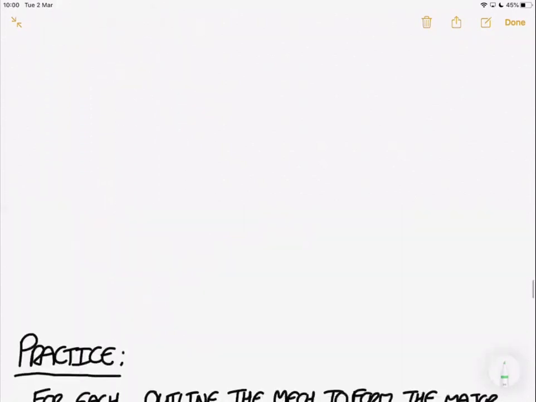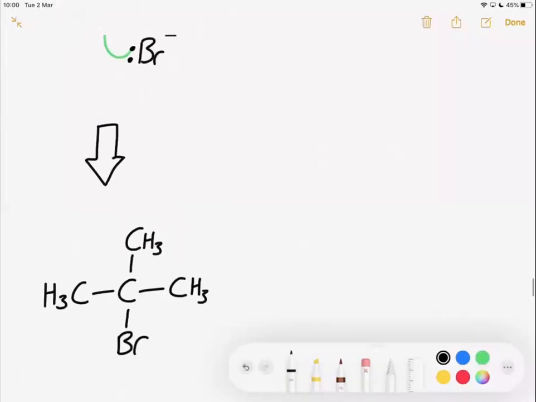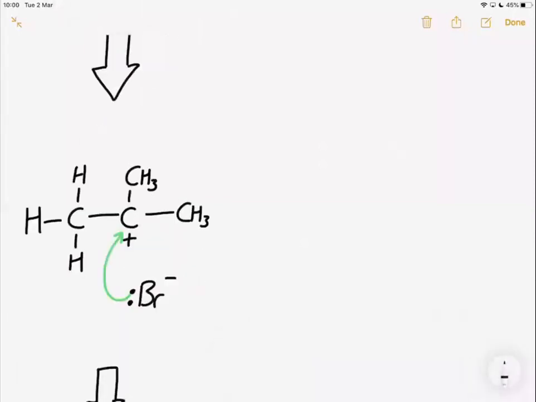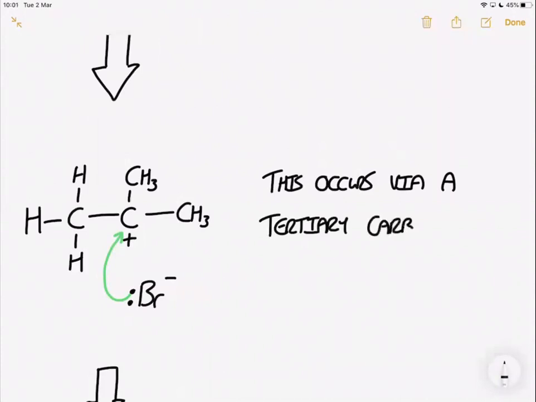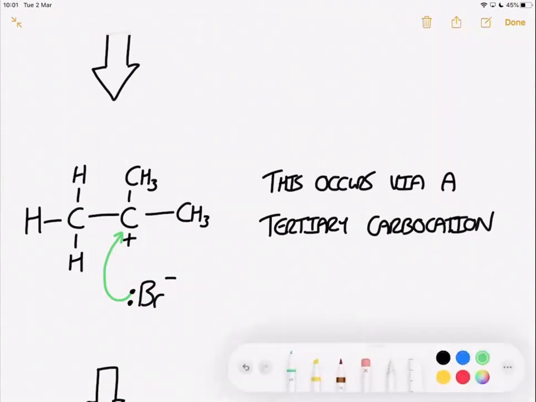So, not got the answer here. Let's explain this, right? This pathway occurs via a tertiary carbocation, right? Your carbon atom here, with the positive charge on it, actually has 3 carbons attached to it.